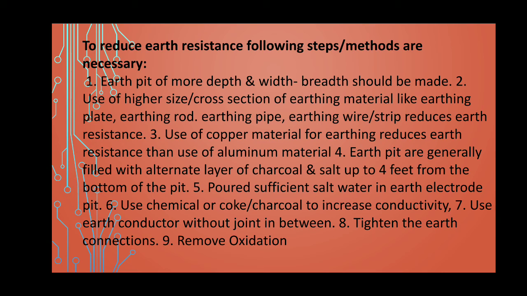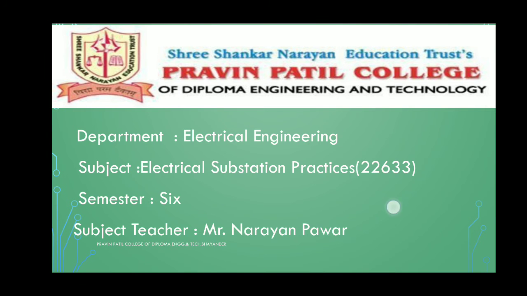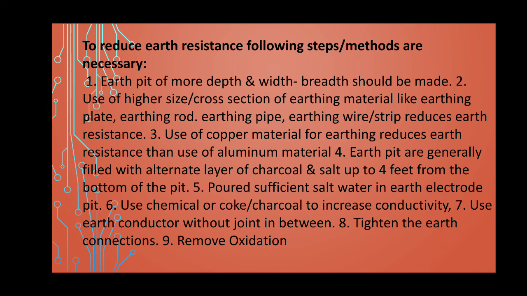Then remove the oxidation, that is also essential to reduce the earth resistance of the electrical power system. So these are essential and important things, and we have to follow these methods, and these methods are necessary for reducing the earth resistance.